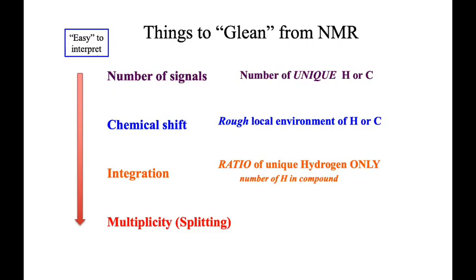When we're talking about integration, the instrument is counting how many hydrogens were in that signal. So why thousands? When the instrument looked at the sample, how many hydrogens did it see? Thousands of hydrogens. So it's effectively a counting aspect of it. Every single hydrogen gets counted.